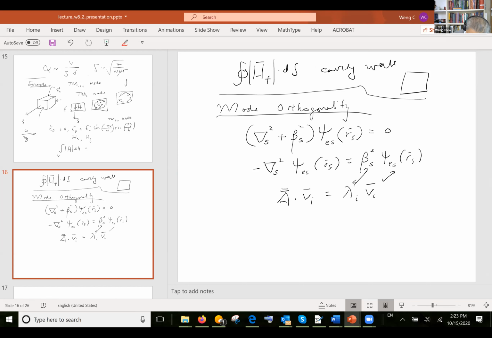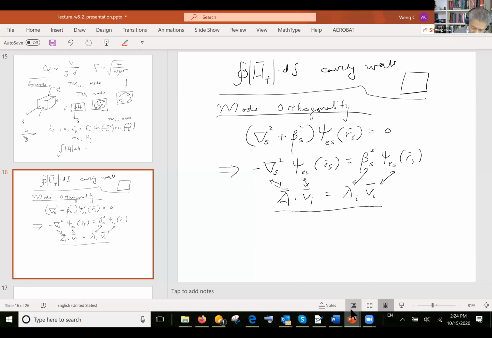A function can be thought of as a vector, and a Laplacian operator can be thought of as a matrix operator. So if I can prove to you that the eigenvectors of a matrix system are always orthogonal, it will be quite easy to prove that all the modes of a waveguide are orthogonal to each other, and that can actually be proved.